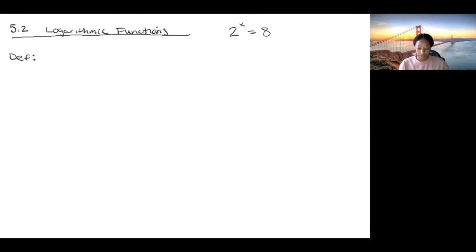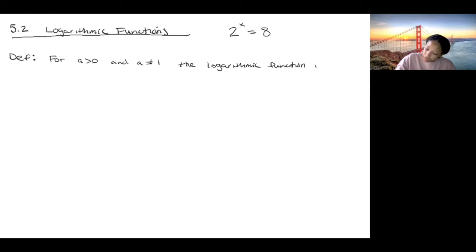Okay, so definitions. We still have the same conditions for our base: a greater than 0 and a not equal to 1. The logarithmic function is denoted y equals log base a of x.